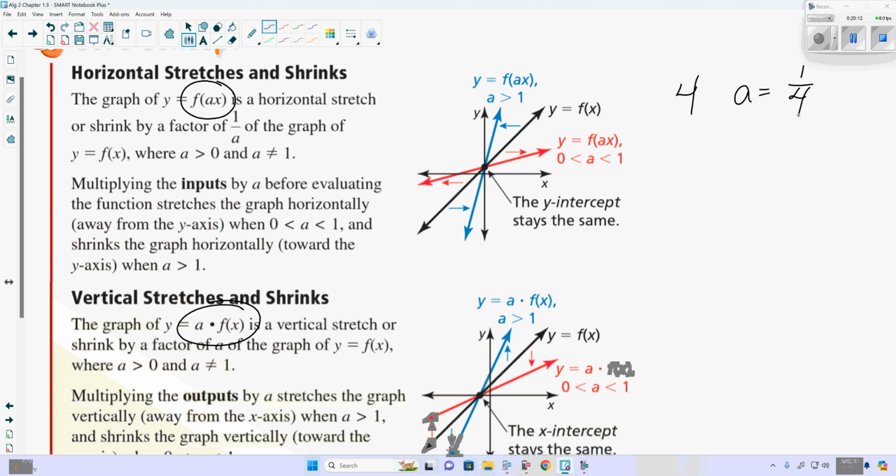If they tell us it's a horizontal stretch or shrink of 2/7, the a value that we would plug in is 7/2. That's really what they're saying by this 1/a. We're flipping that value.